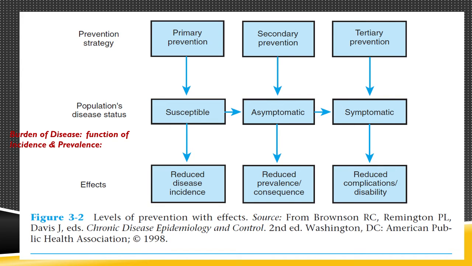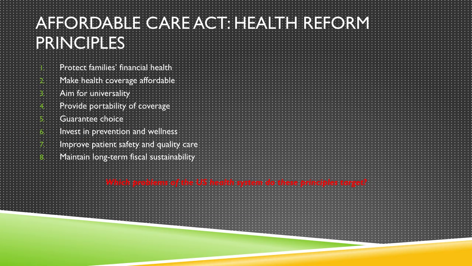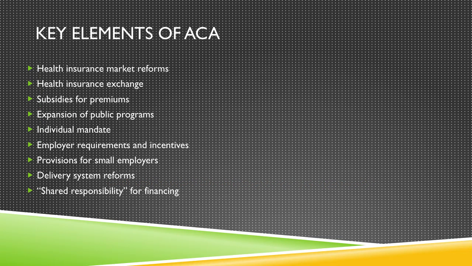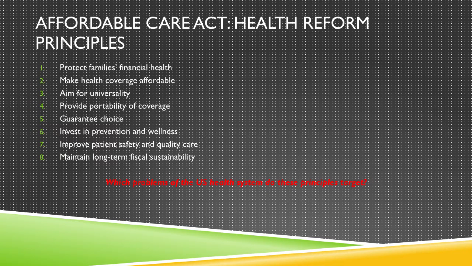As we discussed as part of the ACA and health reform case study, the key principles of the ACA are to protect families' financial health, to make health care coverage affordable, to aim for universality, to provide portability of coverage, to guarantee choice, to invest in prevention and wellness, to improve patient safety and quality care, and to maintain long-term fiscal sustainability.